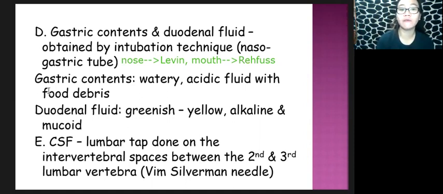So there is a fasting requirement prior to the collection of your gastric contents.